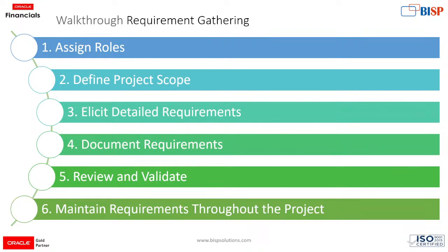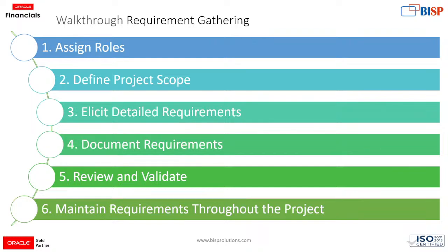Flowcharts are useful in visualizing the process flow and identifying any potential bottlenecks or issues in the system. By using these tools, you can create a comprehensive requirement document that outlines all the necessary details and ensures a successful project outcome.